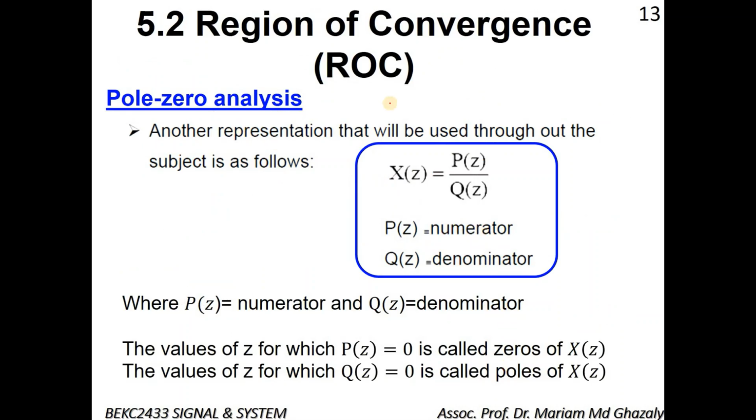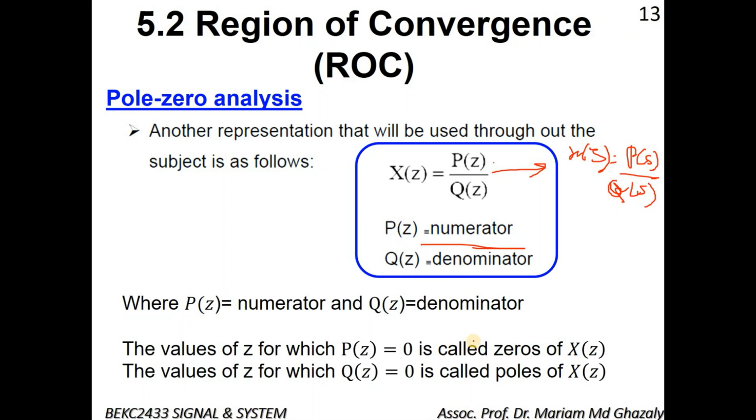So let's go and see the pole-zero analysis. If you remember in the Laplace transform, you can rewrite this equation as X(s) equivalent to P(s) over Q(s), in the s-plane form. The upper part is called the numerator and the lower part is the denominator.